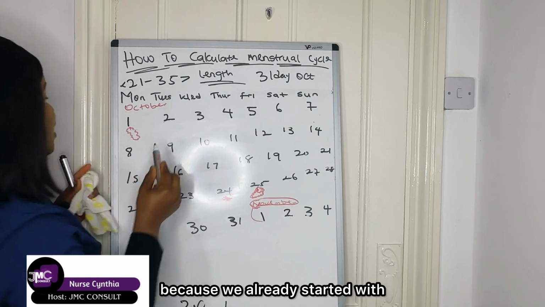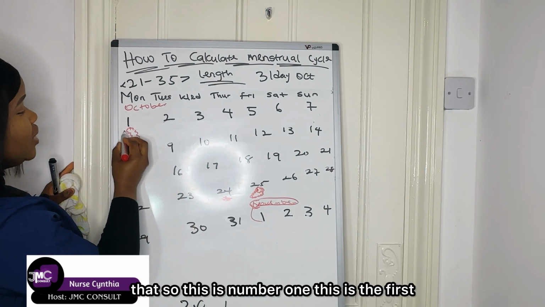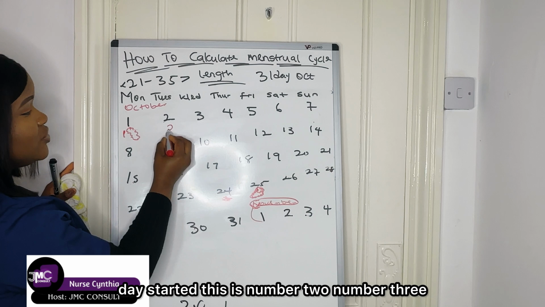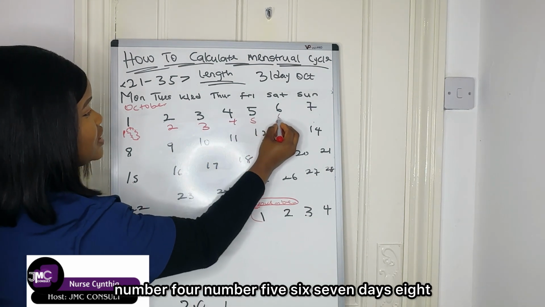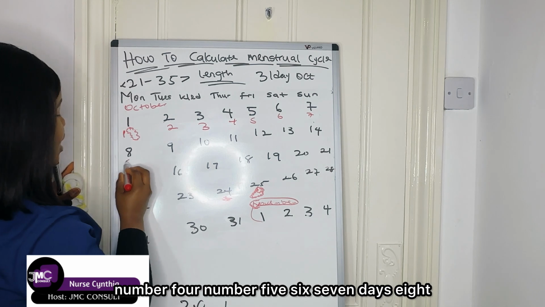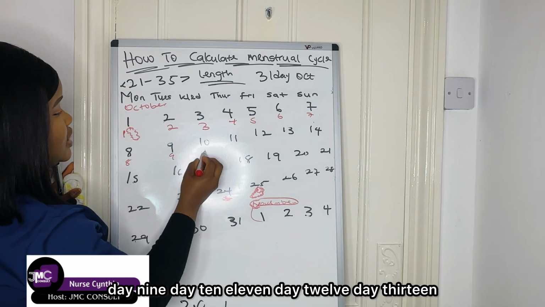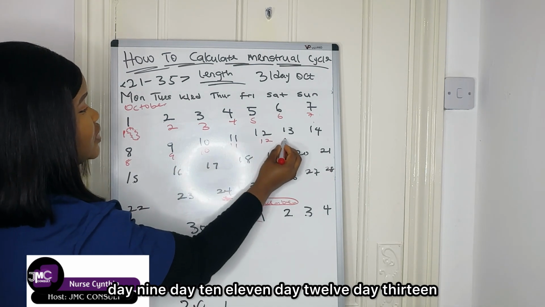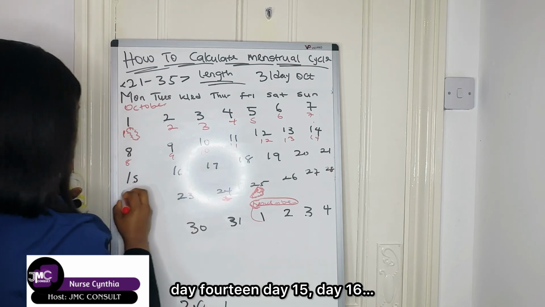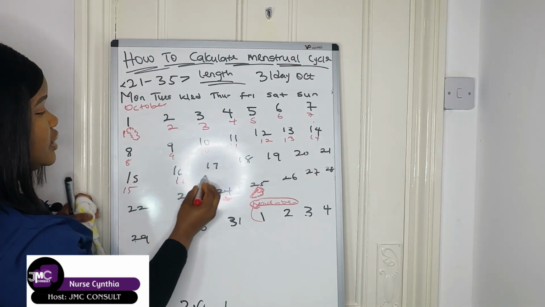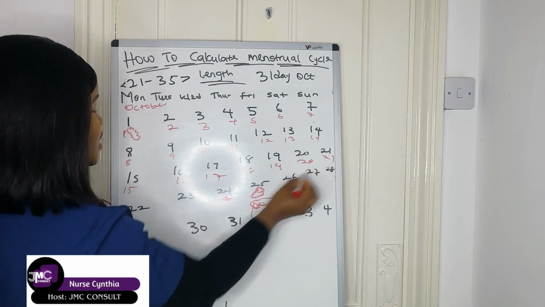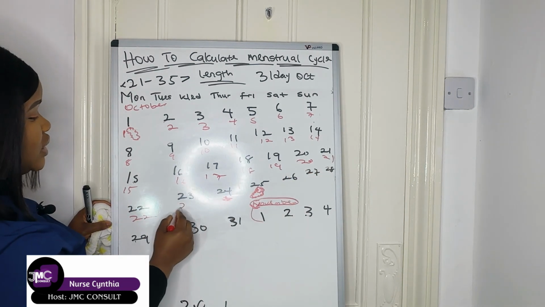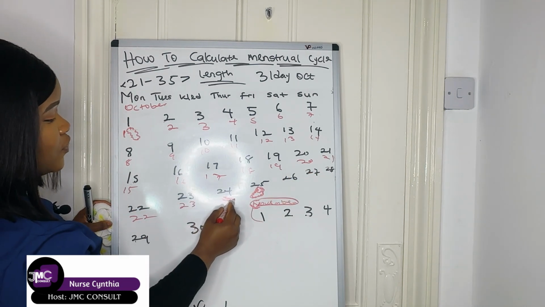So this is number 1, the first day it started. This is number 2, 3, 4, 5, 6, 7 days, 8, 9, day 10, 11, 12, 13, 14, 15, 16, 17, 18, 19, 20, 21, 22, 23, 24.